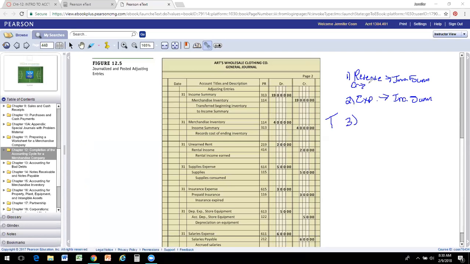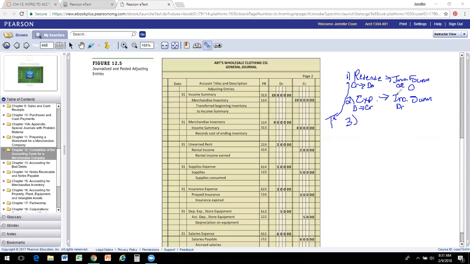So to close it out, we would debit revenue and credit income summary. You're going to have some number over here that ties back to entry 1. And over here, expenses have a normal debit balance. So to close those out, you would credit them, and therefore you would debit income summary.